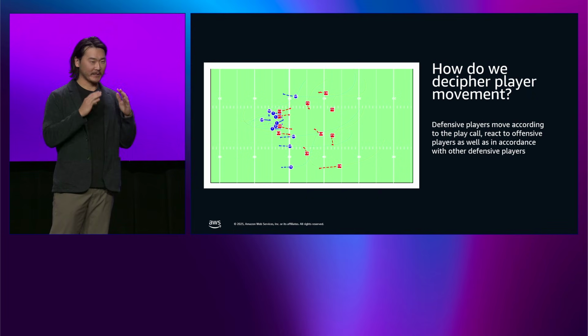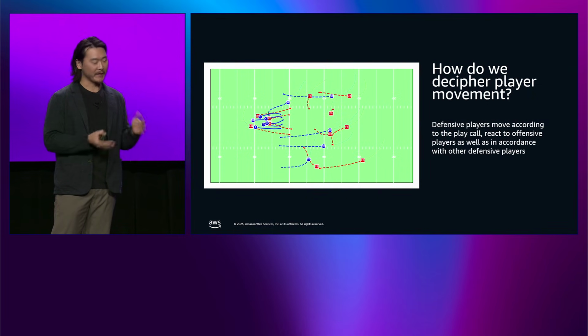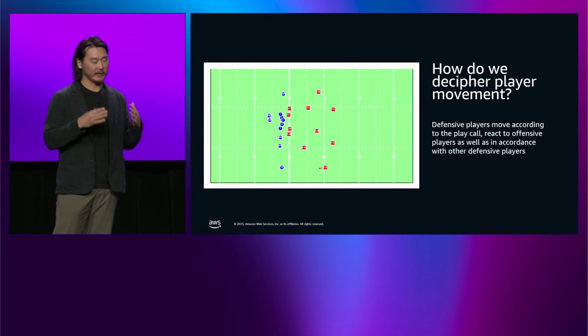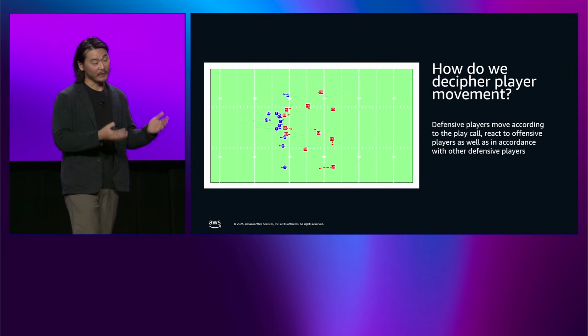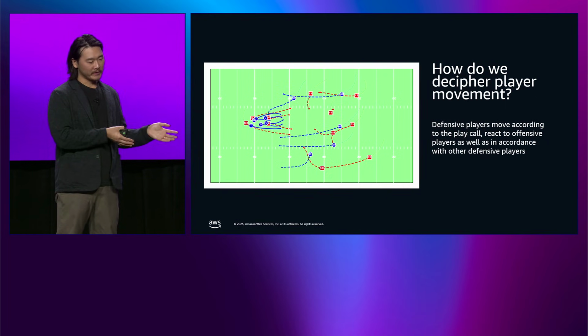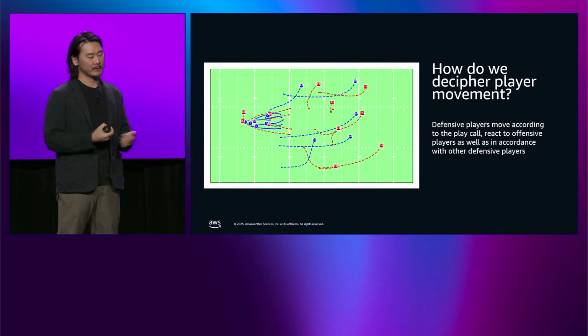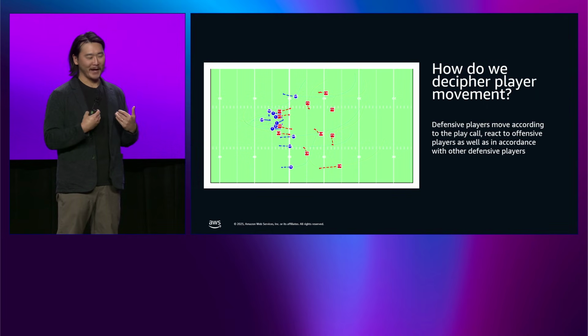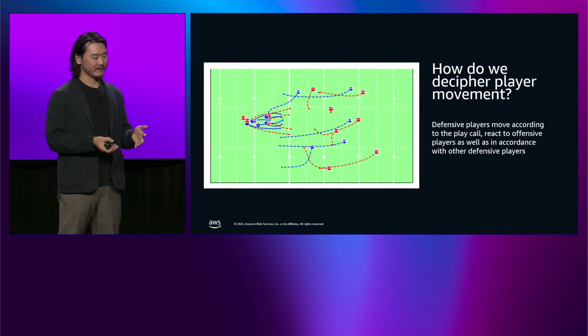There's a game plan that the coaching staff gave them. The players are reacting to how the play is evolving, and they're reacting to opponents, but also their teammates. And so the question that came back to us was, how do we develop a model that fits this exact problem?